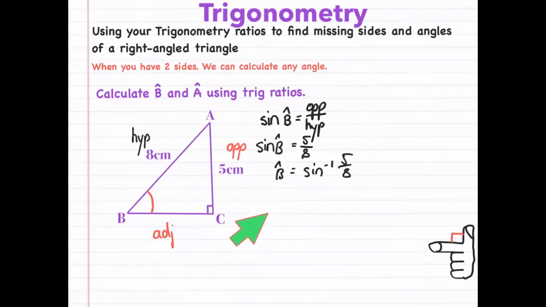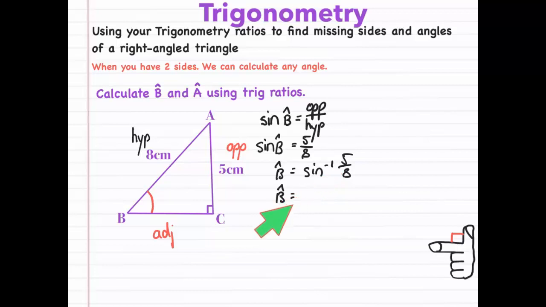And then I know that my angle B is equal to, and then we can simply type all of this into our calculator. And please remember, if you want the sine to the power of -1, we use shift and then the sine button, and then you put in the 5 over 8 in the brackets, and then you close the bracket on your calculator.